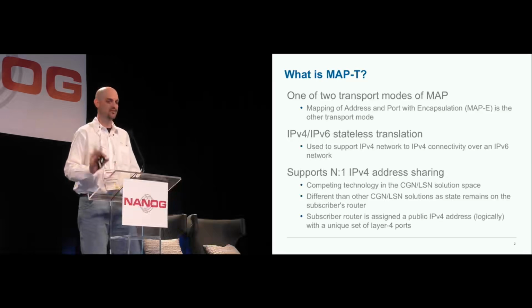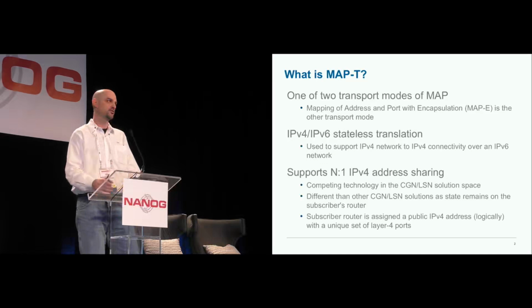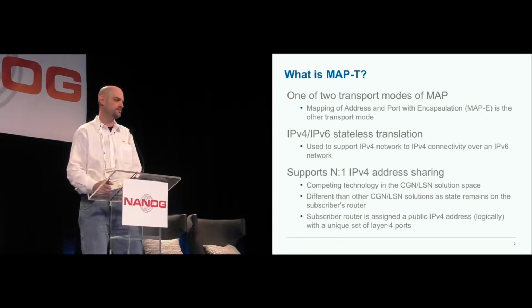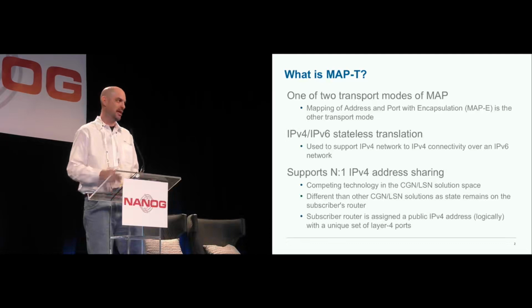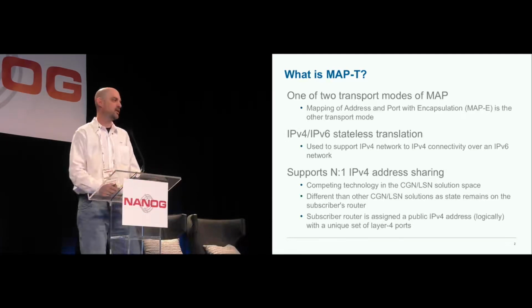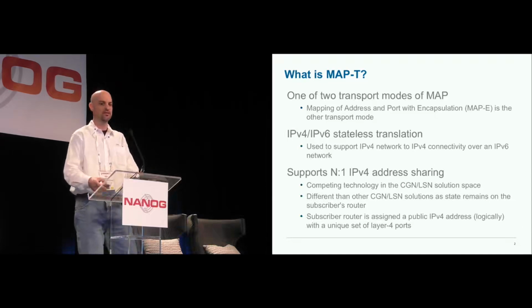It's actually mostly stateless, and I'll cover that later. It also differs from the perspective that the subscriber router actually receives the public IP address, the shared public IP address, logically speaking. And because this is a shared IPv4 address, it also receives a port set identifier, which is an index into a set of ports, a unique set of ports that it's allowed to use.